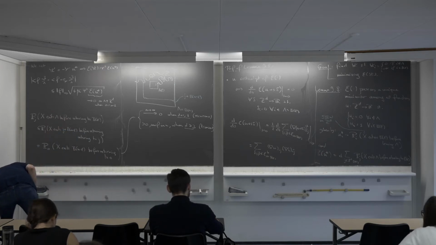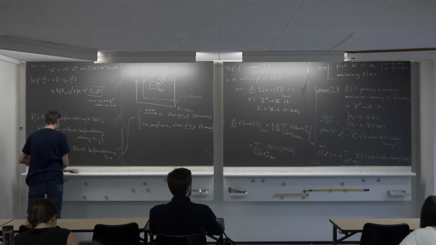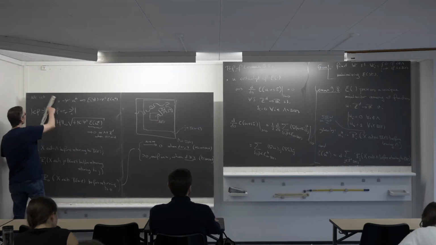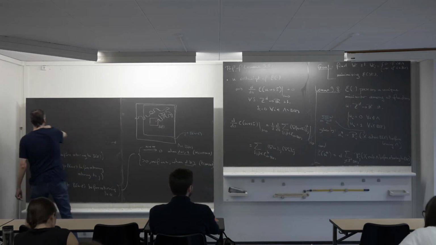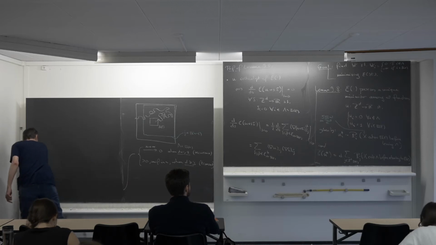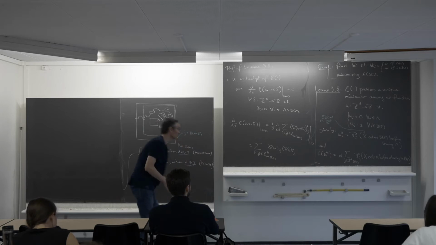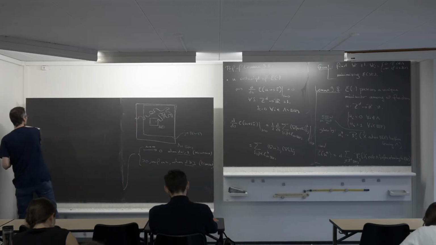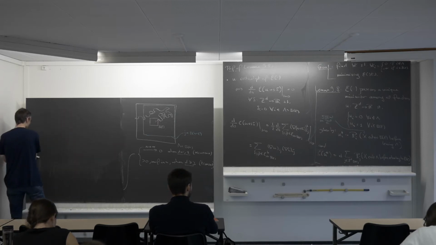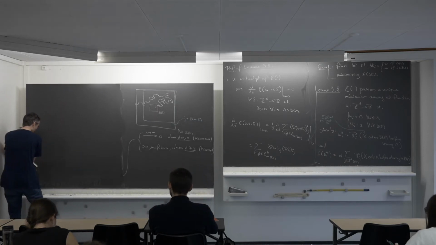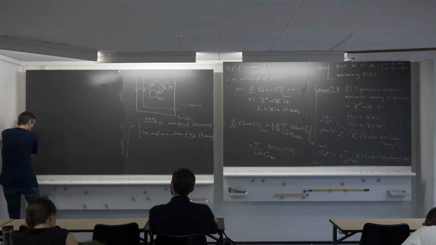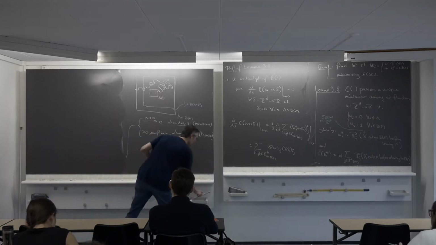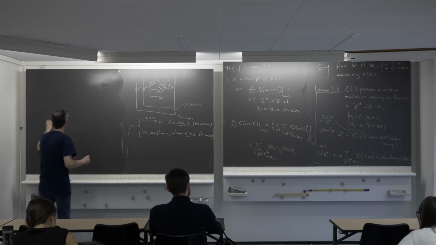Okay, so maybe I will leave the statement of the lemma on the board and I will continue here. Now this kind of sum should remind you of the kind of sums we got many times in the previous chapter on the GFF. And indeed, we are going to use the same tools, these discrete Green identities, to rewrite this sum.